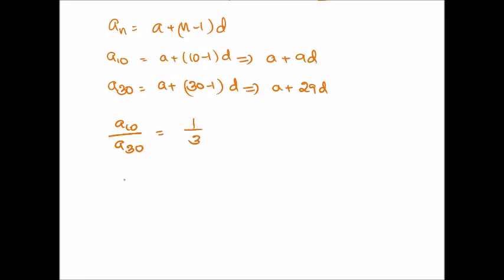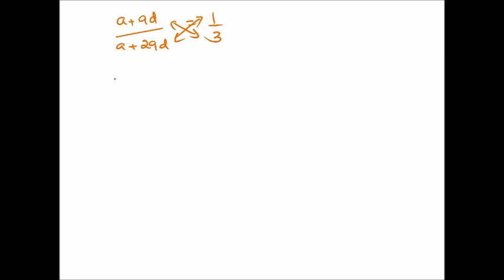That is (a + 9d) divided by (a + 29d) is equal to 1 by 3. Now cross multiply. That is 3(a + 9d) = a + 29d.